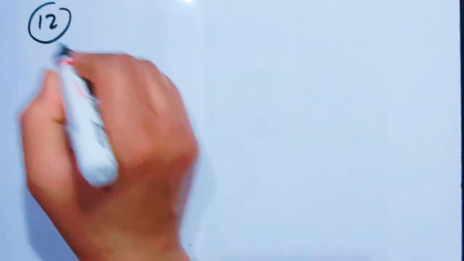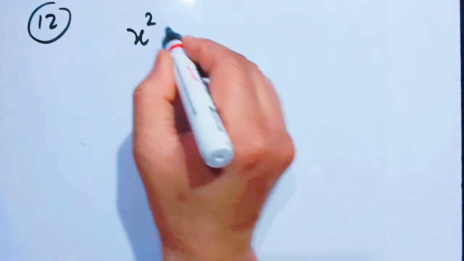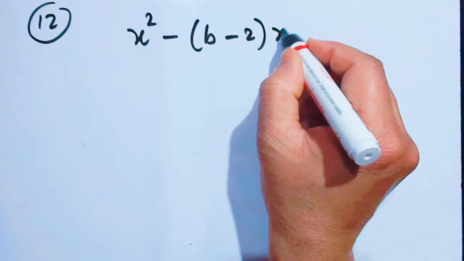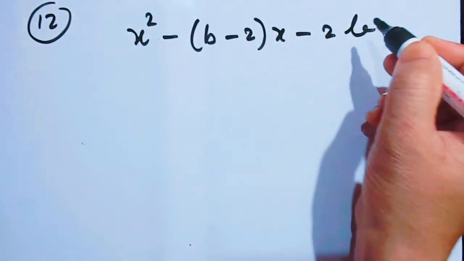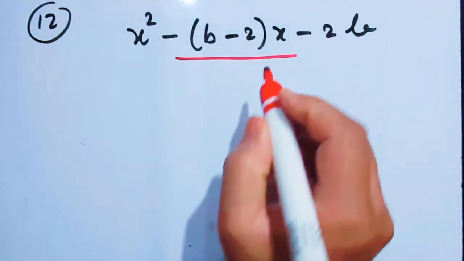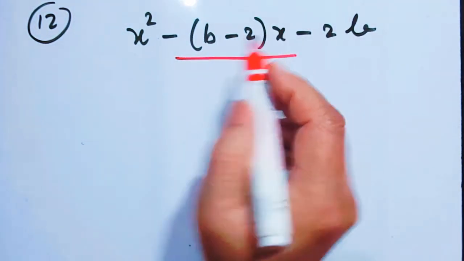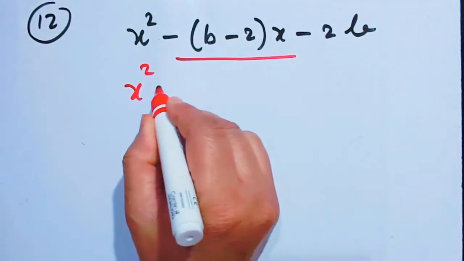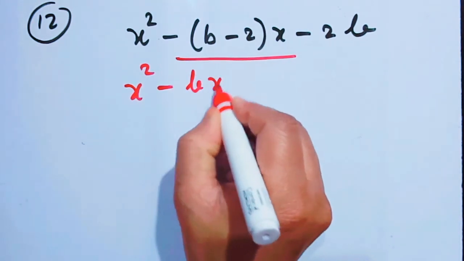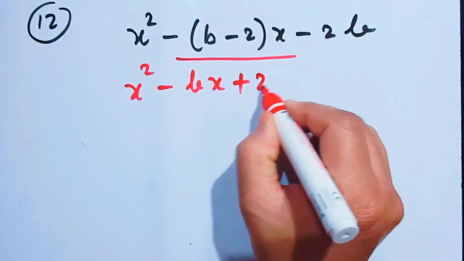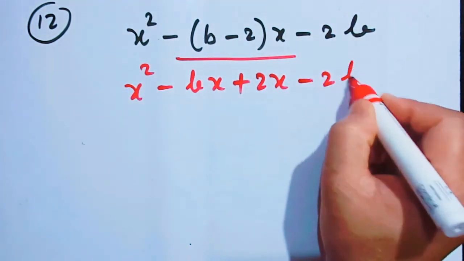For example, number 12, and in number 12 they say factorize x square minus b minus 2x minus 2b. So once again we are going to break this middle portion, which is already combined over here. So minus x will go together with b. So x square minus bx and plus, that's minus x into minus 2, plus 2x minus 2b.